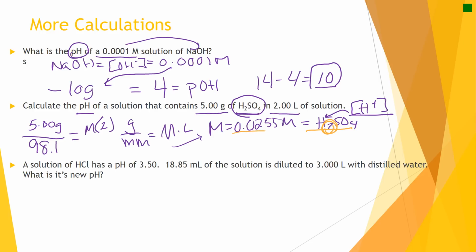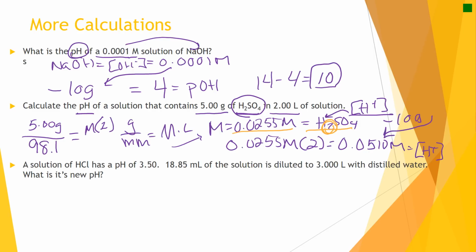So because this is the molarity of H2SO4, I need to double it to get the molarity of H+. So I take 0.0255 molar, multiply it by 2, and this is now my concentration, 0.0510 molar of H+. But that's not even what I asked for. I asked for pH. So now I take the negative log of that number, press enter, and I get 1.29 as my final answer.